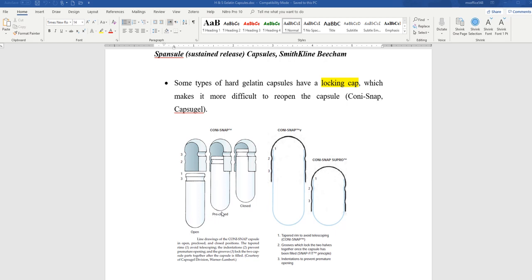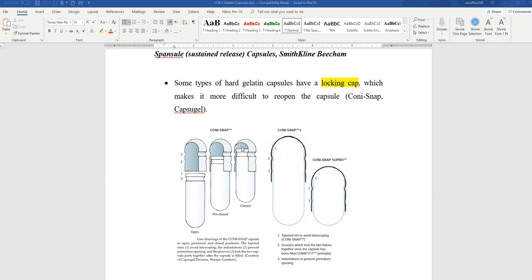When you want to put it in a pre-closed position after producing the shells, then the cap must slide over the body and 2, the small depression, must snap onto 3. Because it's a small depression, it can be opened easily.